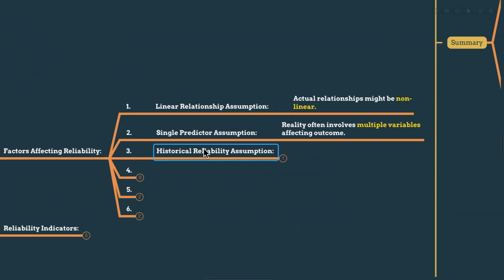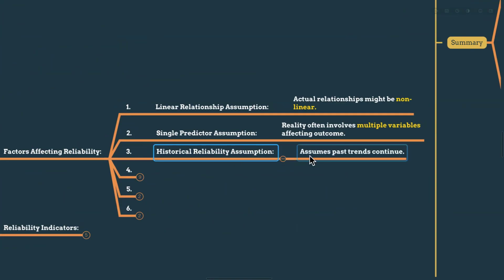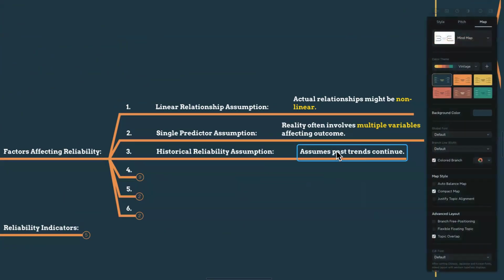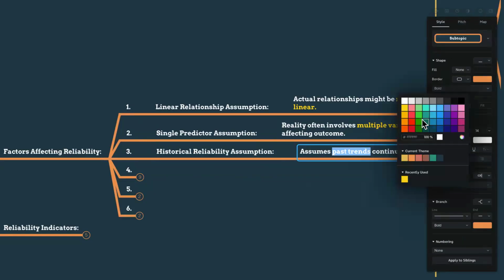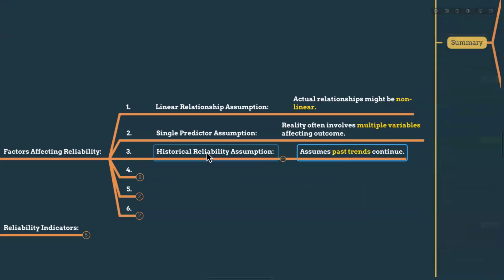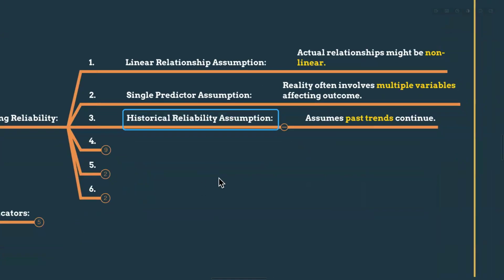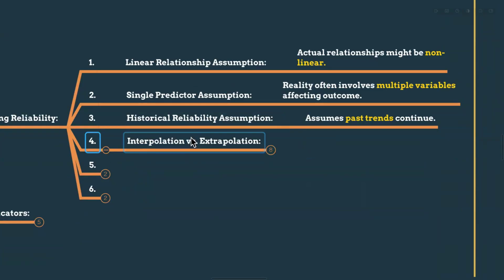And then the historical reliability assumption: we rely on the historical data, and we assume the past trends will continue. There will be some technology changes, there will be some external factor changes. We cannot rely on the past data 100%. So the historical reliability assumption is also one of the major drawbacks of this analysis.